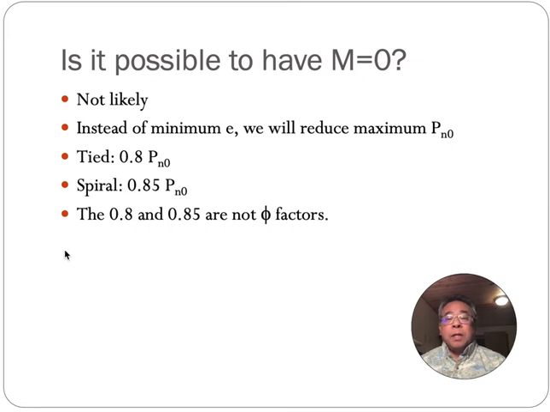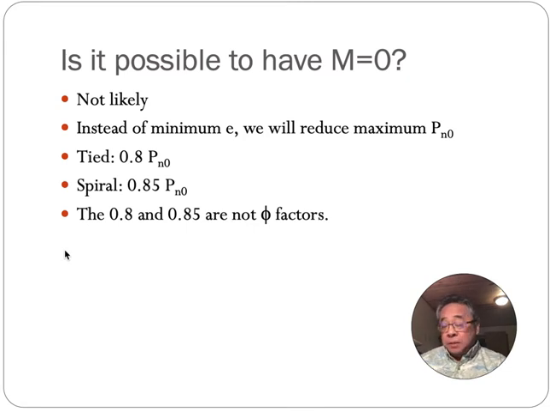And so if moment is zero, you get your peak axial strength. And once you add moment in there, the axial strength will decrease. And so instead of a minimum e, what we're going to do is reduce the maximum axial load.